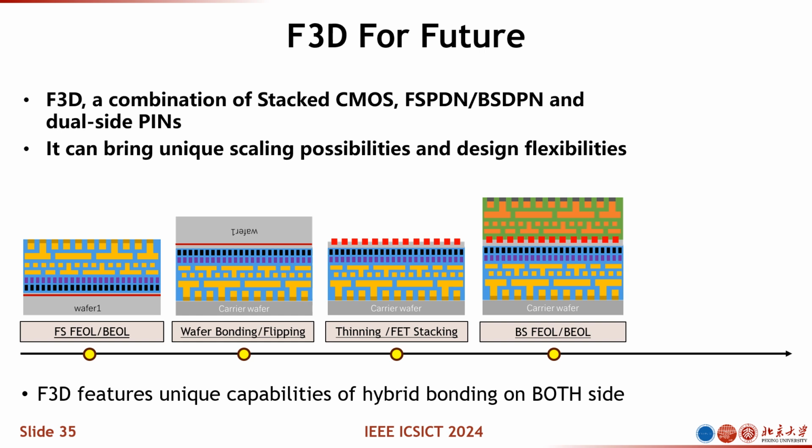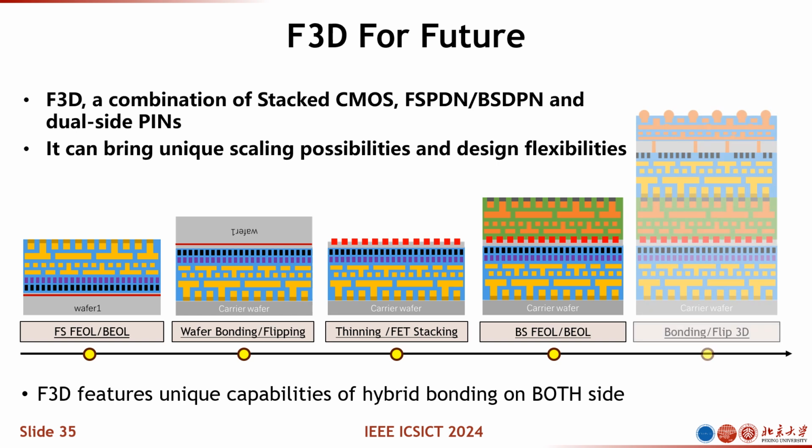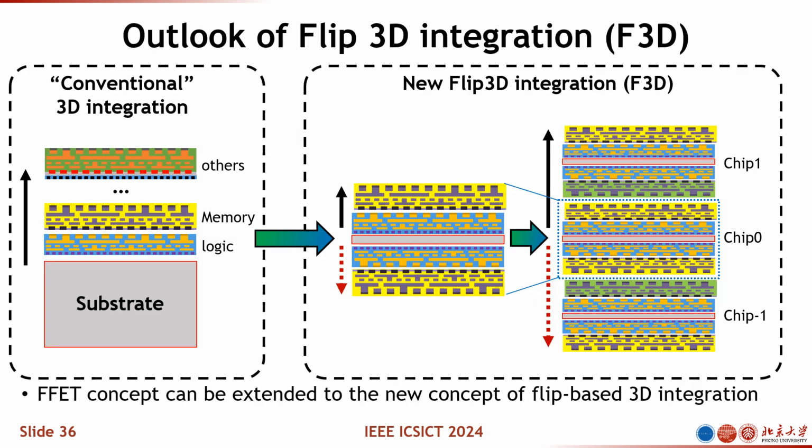And take a look at the 3D cartoon here. You have the bumping on each side of these two-sided functionality circuits, and you can do multiple stacking of this. And this is what we call flip 3D integration. The wafer stacking or chip stacking is no longer on one side of the wafer.